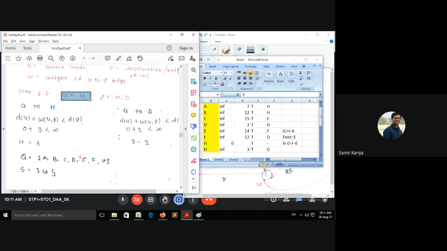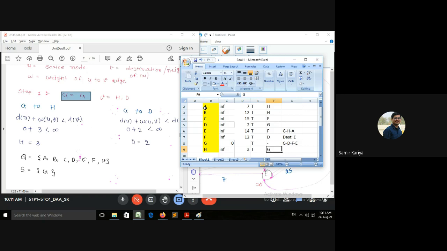For the direct edges, you write that distance, for example here it's 2 and 3, and write the parent node G. This is our first step complete. Now, out of these direct options D or H, select the minimum one, and repeat the same process for each and every node, and we have to maintain this table.